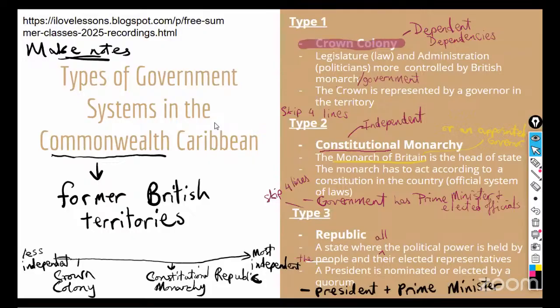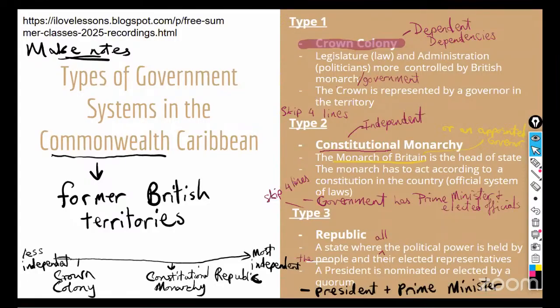Now, how you might see this come up as a question in a past paper is they may ask you to define or say two things about a crown colony, or say two things, what is a constitutional monarchy, or what is a republic?